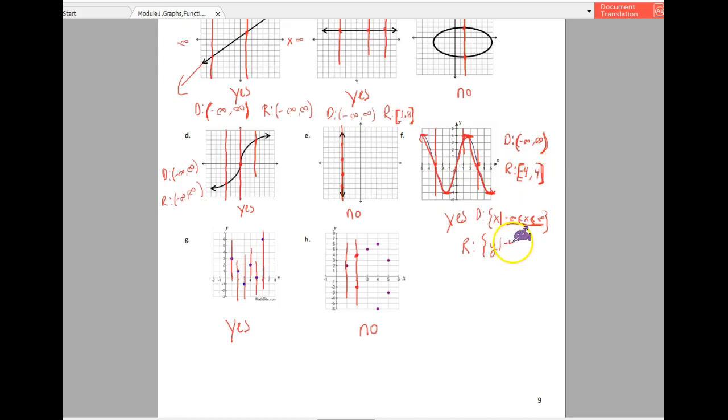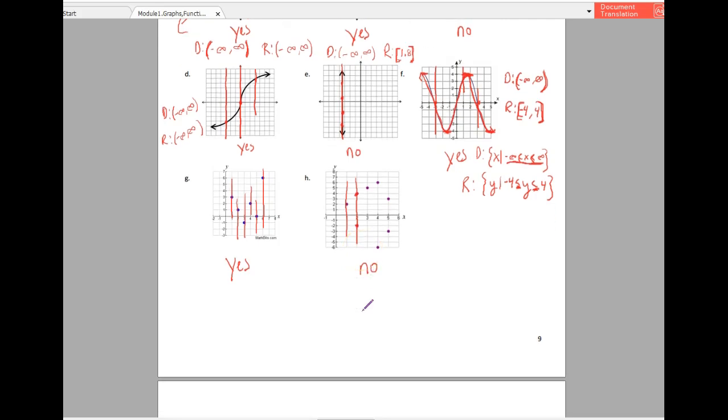So -4 less than or equal to y, again make sure you write the correct letter, less than or equal to 4. Again, you just have to write in this inequality part here on your homework. And because we included it, so it does get to 4 and -4, then we're going to include it using this less than or equal to bar.